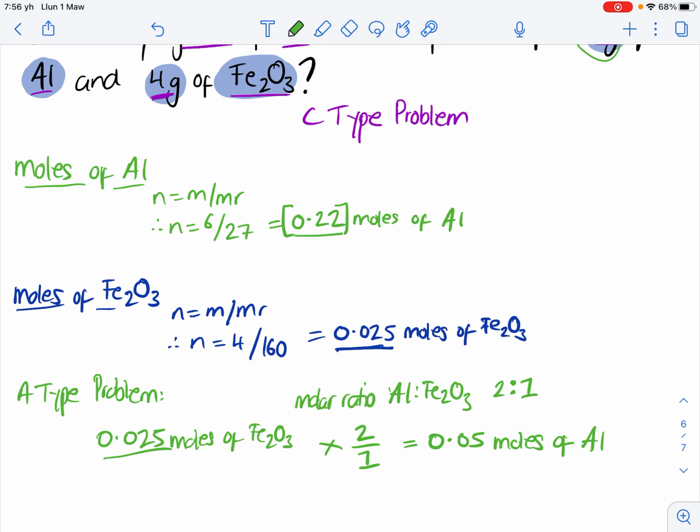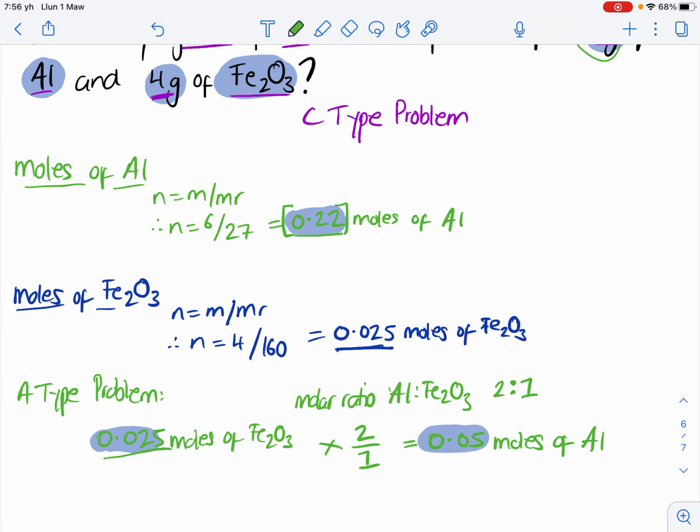of aluminium. Okay, why is this important? Well, all we need to do is look at this number here, 0.05 moles, and compare it to this, 0.22. So, in order to react with 0.025 moles of iron oxide, that's how many moles of iron oxide I have in my reaction mixture, I only need 0.05 moles of aluminium.